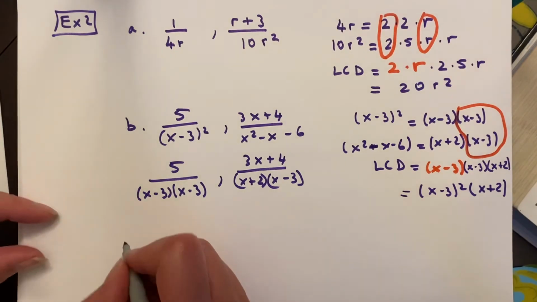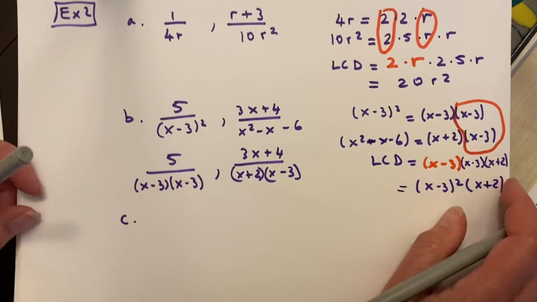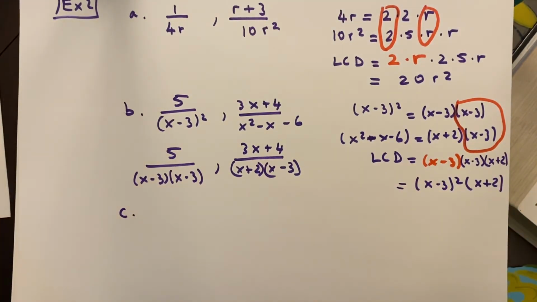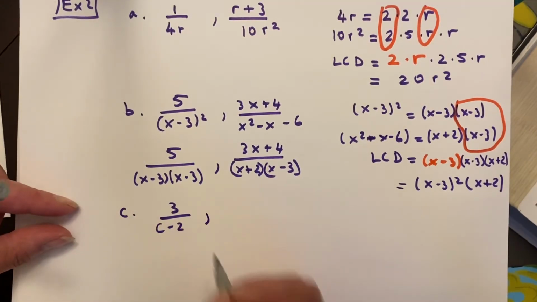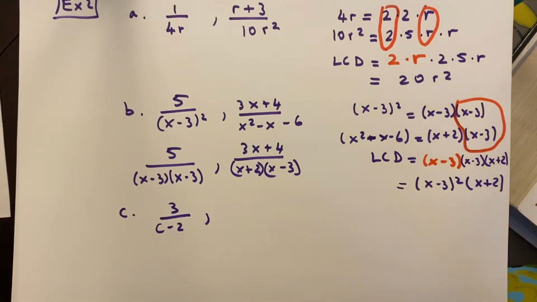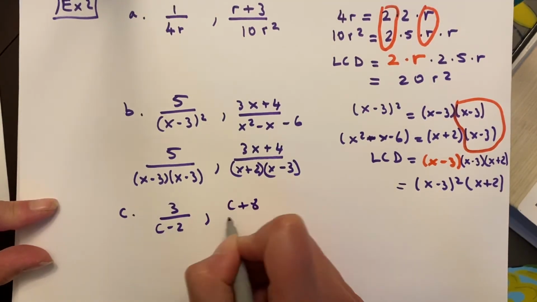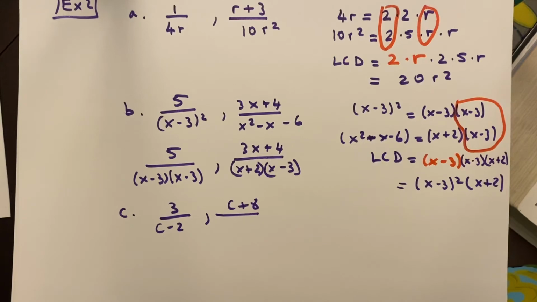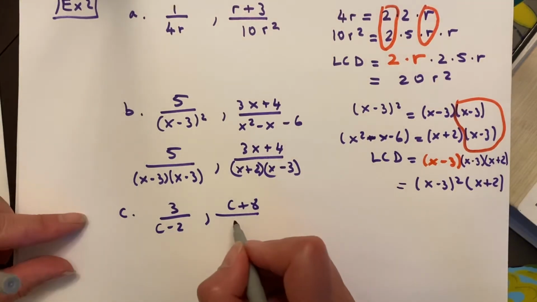Let's look at one more before we leave. And that is, I have 3 over c minus 2 and c plus 8 over 2c plus 7.